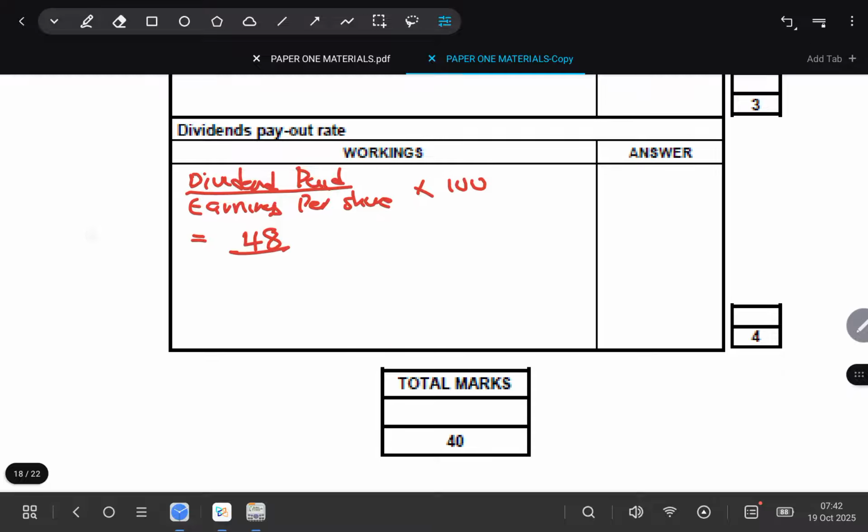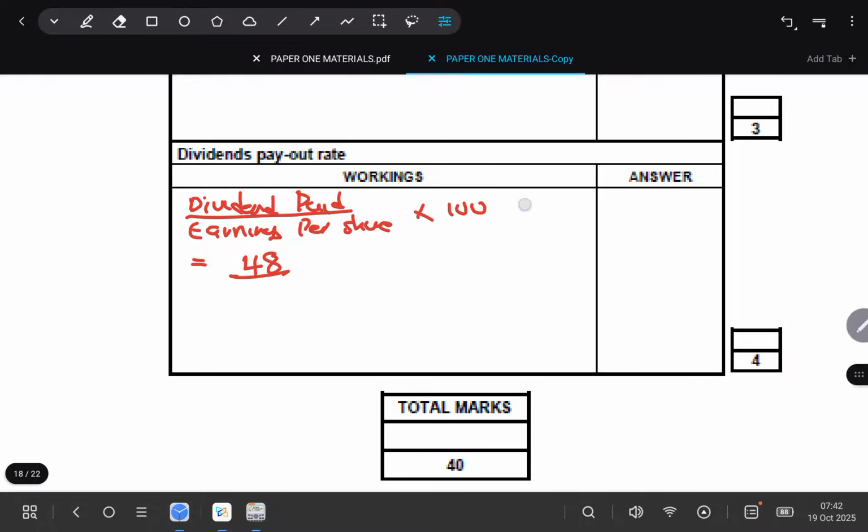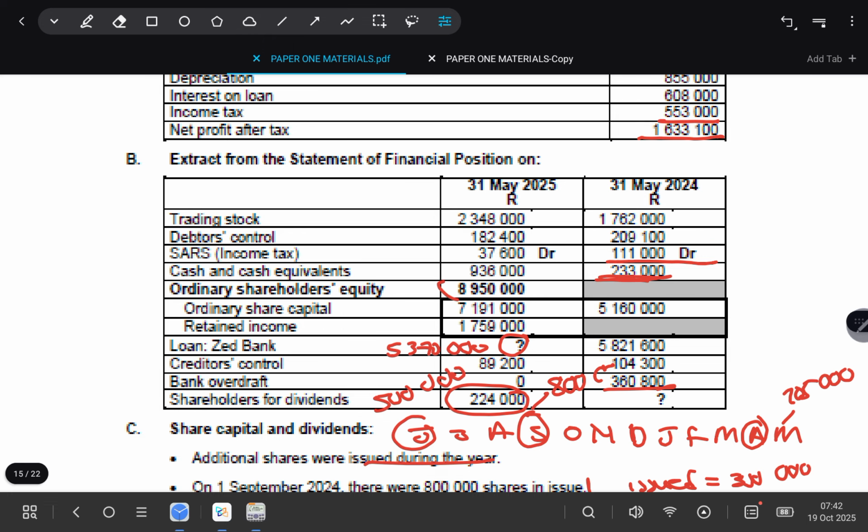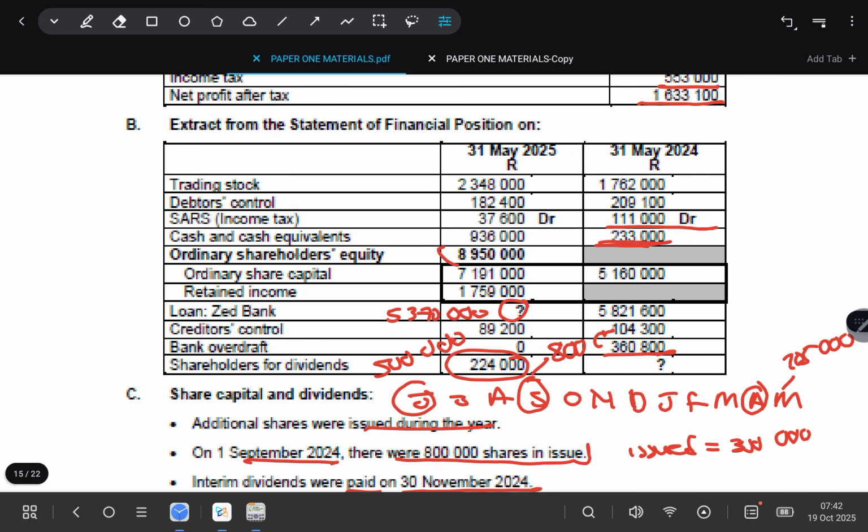So for us to get our earnings per share, we need to remember what was the number of shares. Right? So when it comes to this, you need to remember in terms of earnings per share, it's going to be tricky, because even the shares that were repurchased, they would qualify for those dividends. So when you do your earnings per share, it means you also need to consider the fact that there were some shares that were sold.